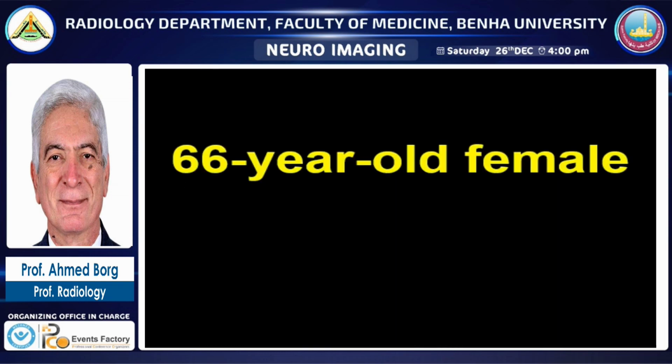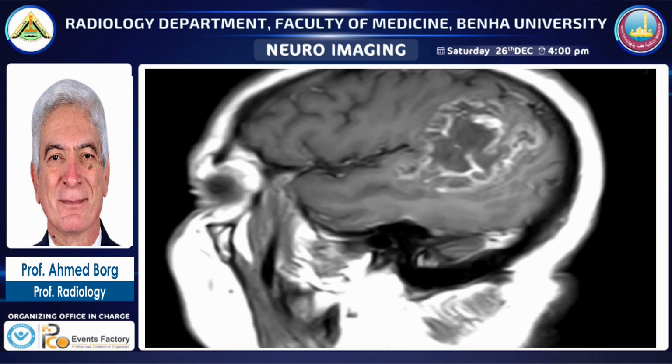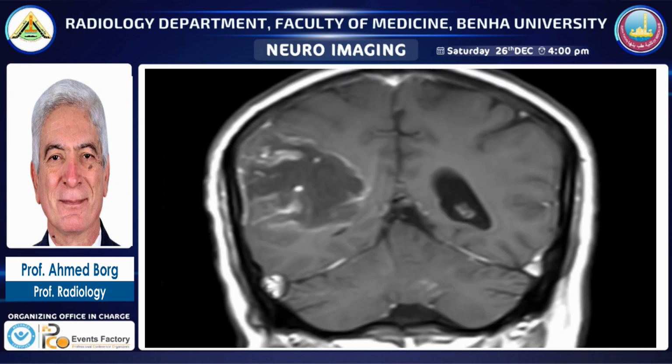Next case is a 66-year-old female. Here there is marginal or rim enhancement with central non-enhanced necrotic areas. Here is again on sagittal, there's rim enhancement and central non-enhanced area.